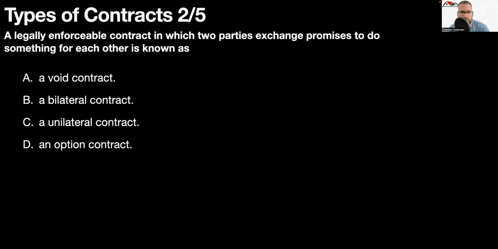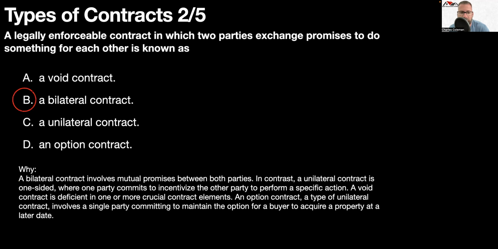Question number 2: a legally enforceable contract in which two parties exchange promises to do something for each other is known as a bilateral contract. A bilateral contract involves mutual promises between both parties. In contrast, a unilateral contract is one sided, where one party commits to incentivize the other party to perform a specific action.